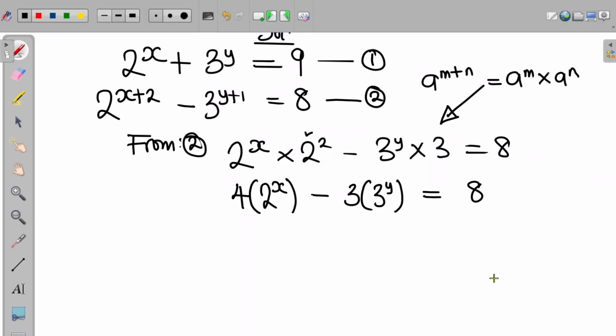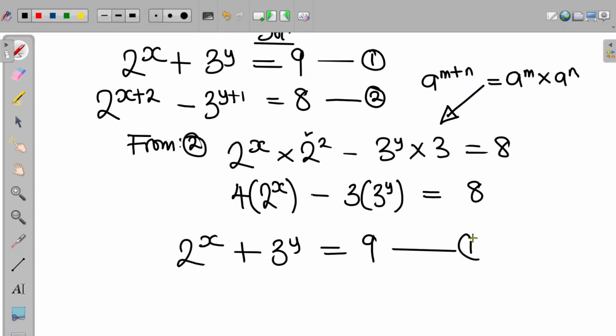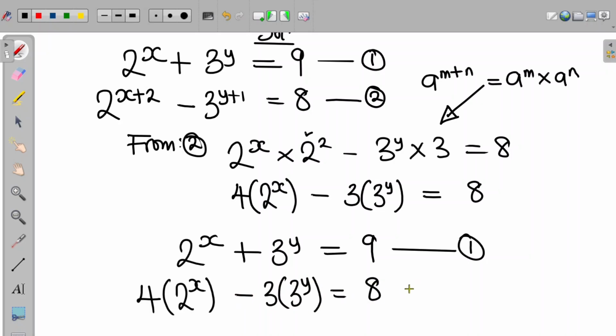Therefore, this now becomes 2 to the power of x plus 3 to the power of y equal to 9, which is equation 1. And also 4 multiplied by 2 to the power of x minus 3 multiplied by 3 to the power of y equal to 8. This is equation 2.